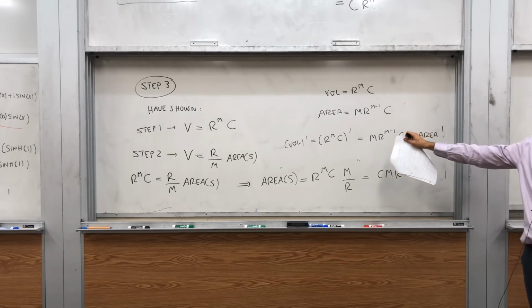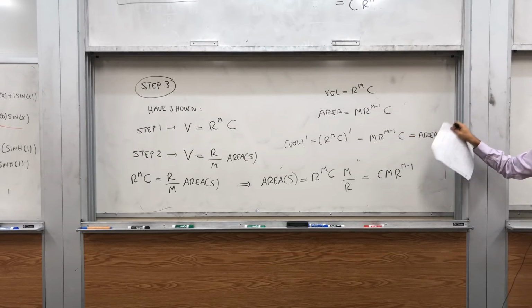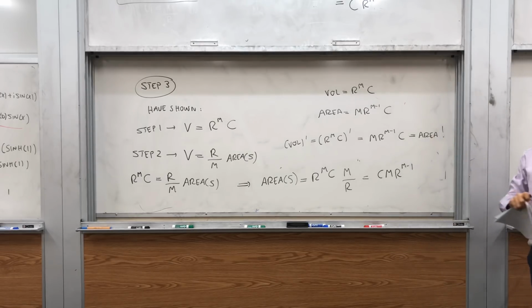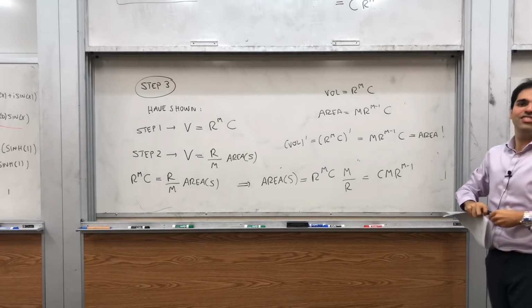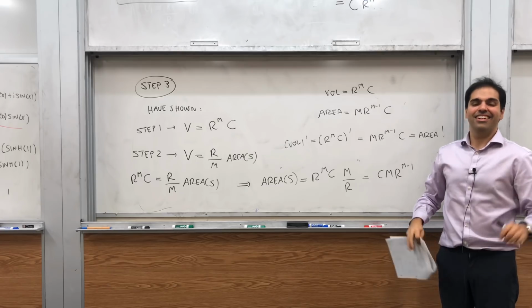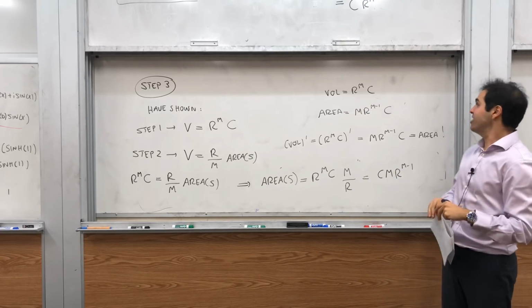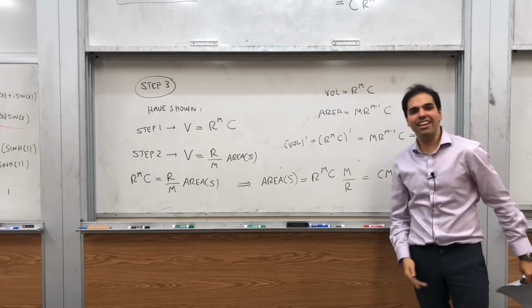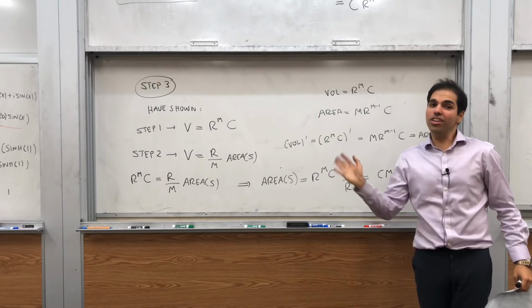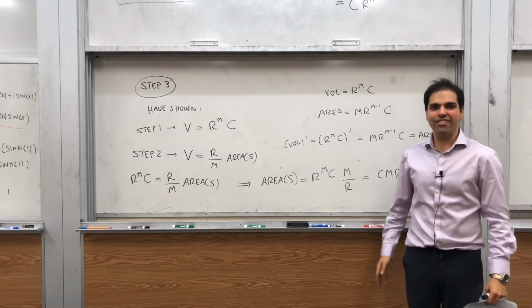So the derivative of the volume of the ball of radius R gives you the surface area of the sphere of radius R. And again, at no point did we calculate C, at no point did we calculate the volume of the ball or the surface area of the sphere.